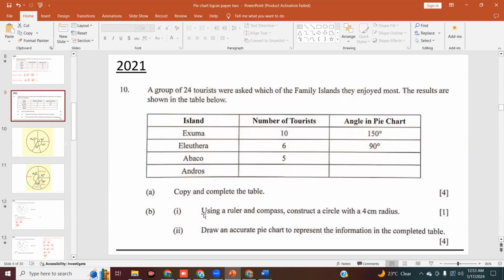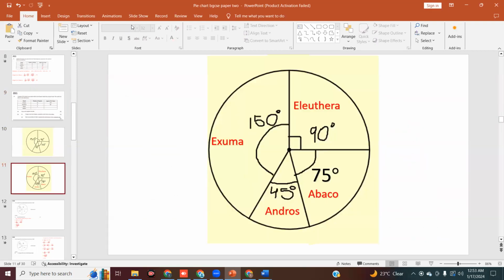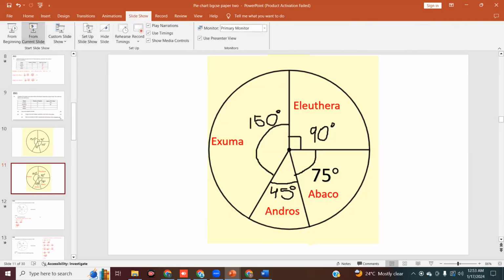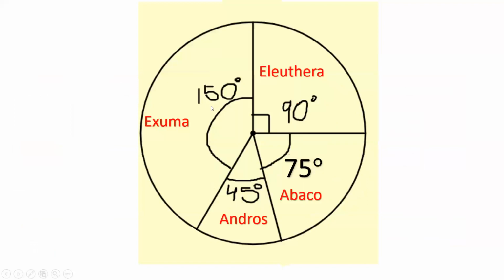Remember, they asked us to draw an accurate pie chart to represent the information. So we have a pie chart right here that shows exactly what's happening. All right, so we know that 150 degrees is for Exuma. We know that Eleuthera is going to be 90 degrees, as shown in this diagram.